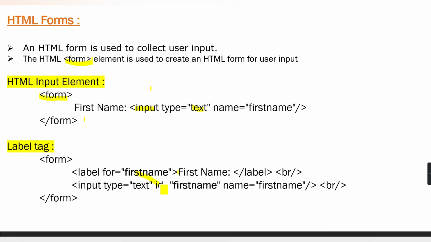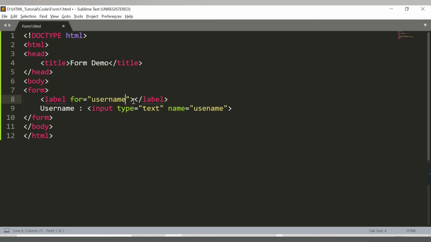So we need to add one extra field, ID, here, which should be the same as the label for value. Here we will provide ID equal to username. I will remove this username from here and print it inside the label. We have provided this value to the label, so it will be displayed.